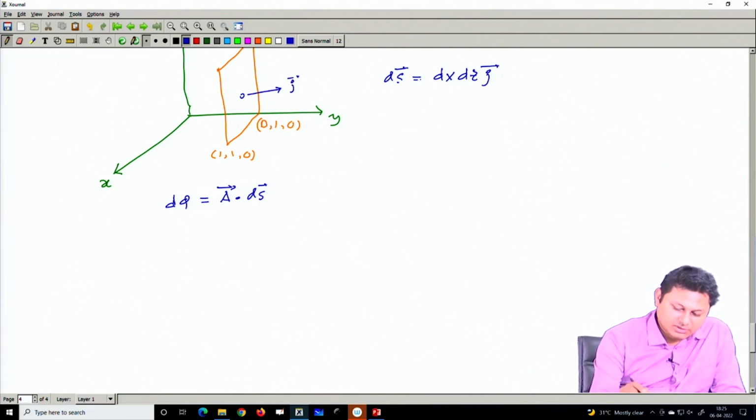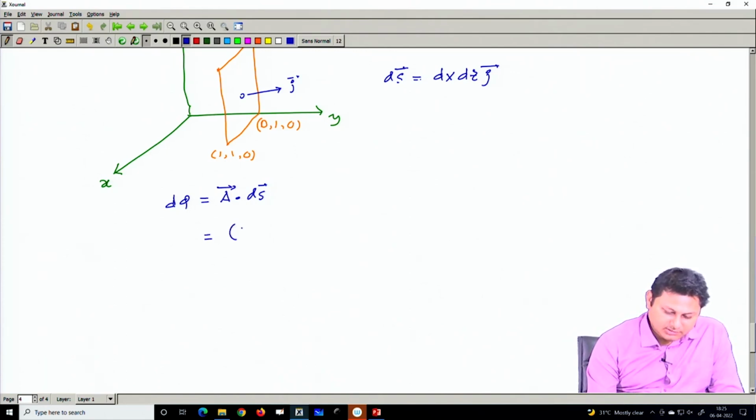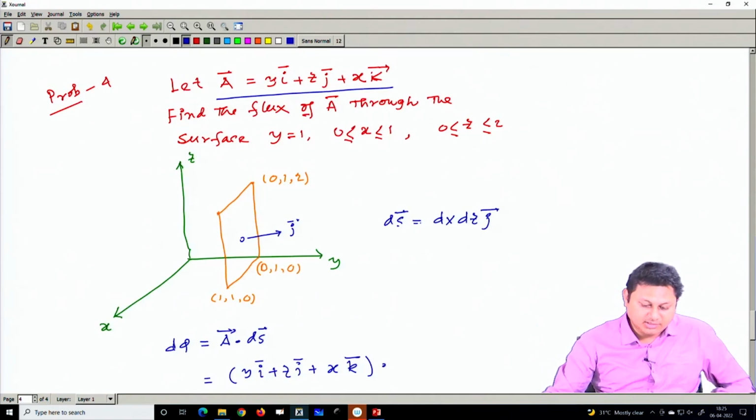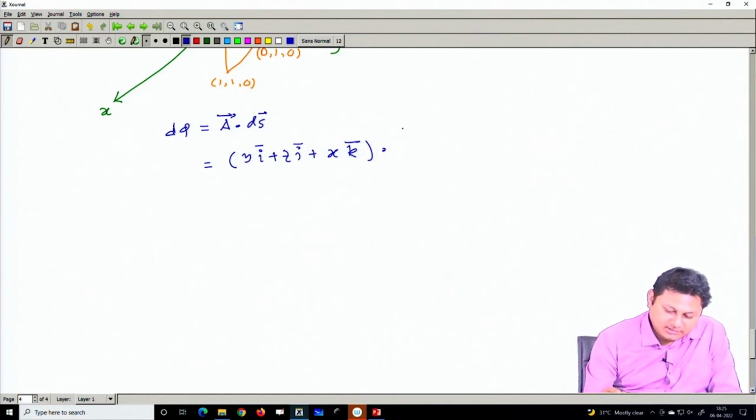A is y i plus z j plus x k, dotted with ds, which is dx dz with the unit vector j.